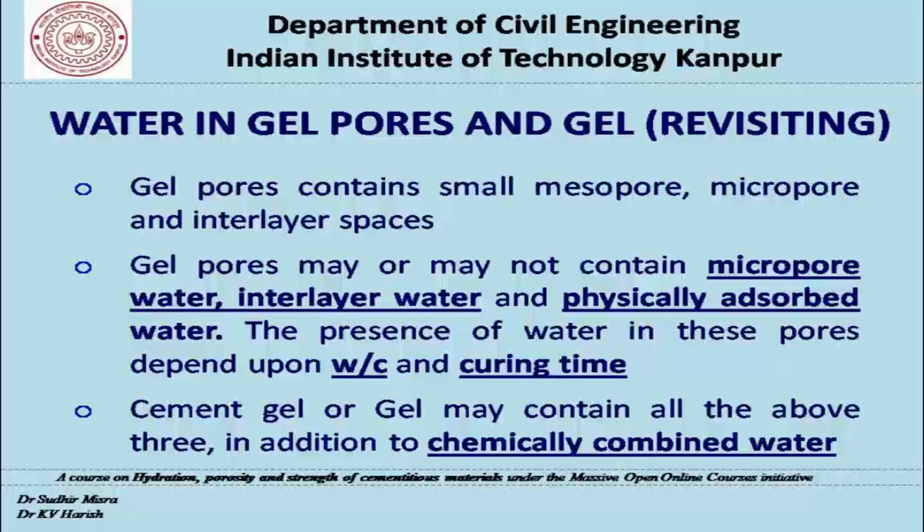The gel pores, I repeat, may or may not contain micropore water, interlayer water and physically adsorbed water. They may contain mesopore, micropore or interlayer, but they may not contain water. Presence of water depends on water to cement ratio and curing time. Cement gel, or gel, may contain all the above, all three of them, in addition to chemically combined water.